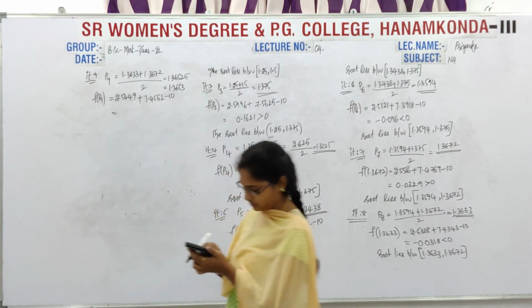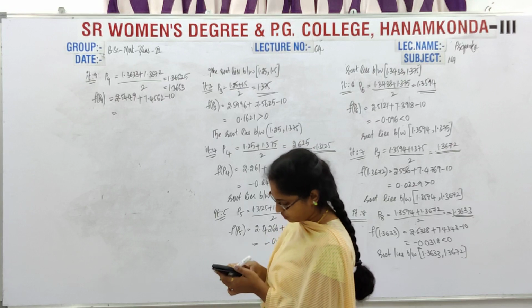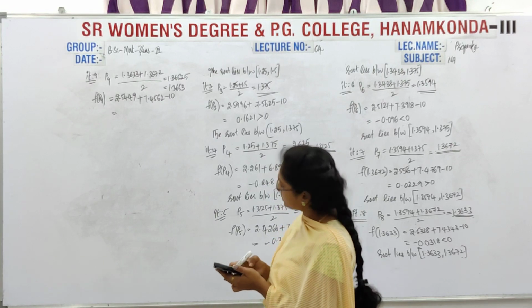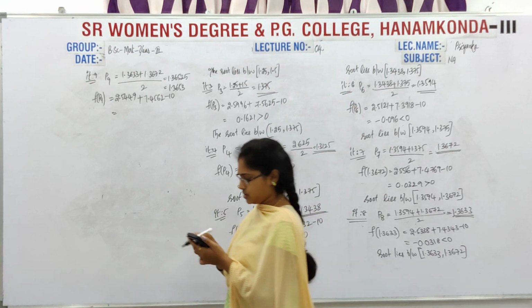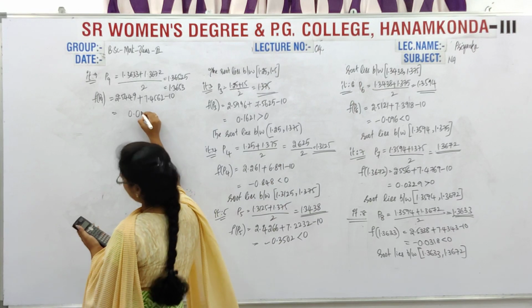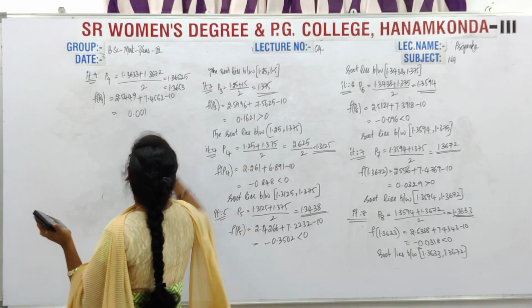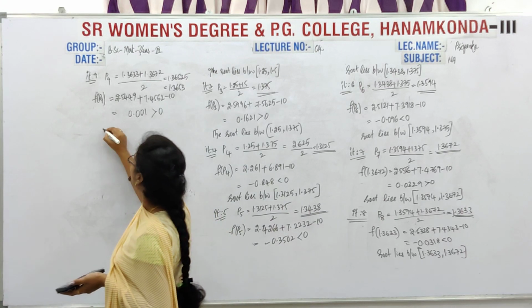So now finally what we get: 2.5449 plus 7.4562 minus 10. It is nothing but positive 0.001. Which is nothing but the positive value.